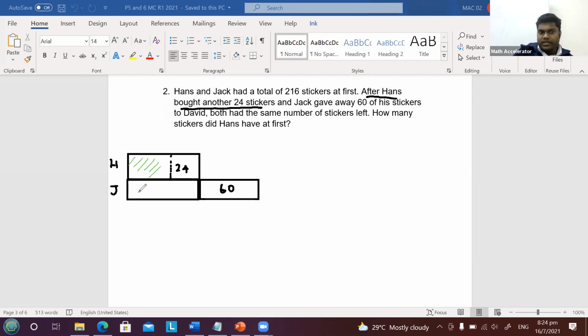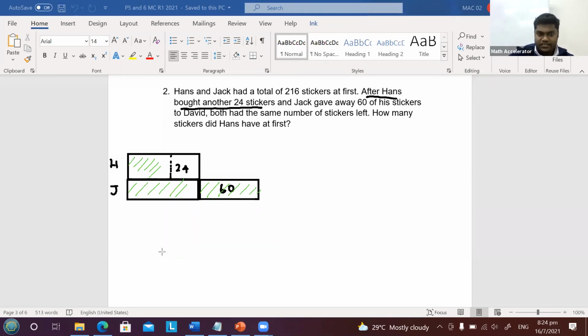Shift everything that happened at first. So at first, this is how much Hans had. This is how much Jack had.